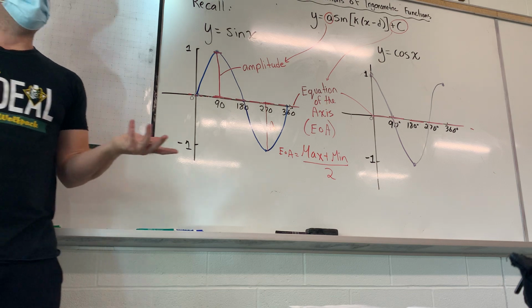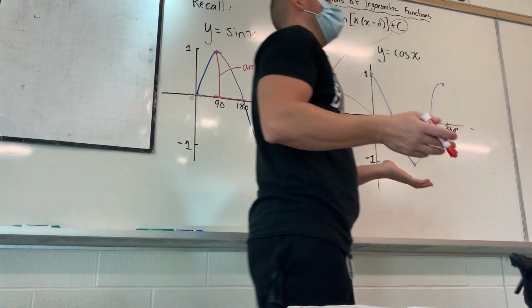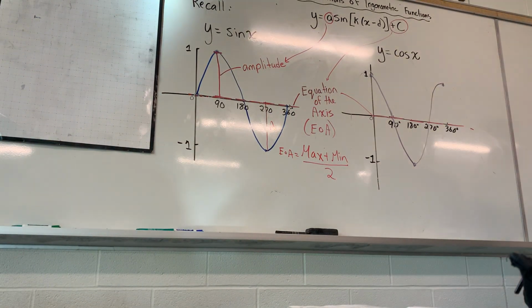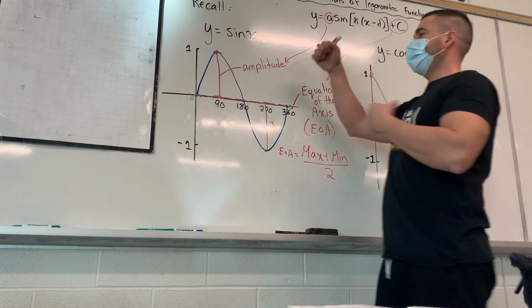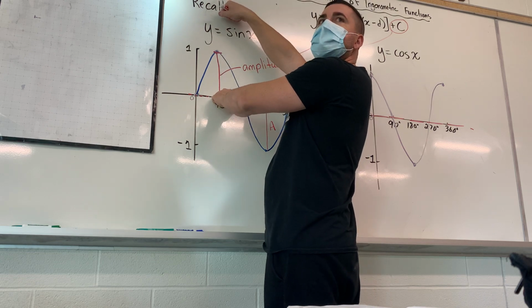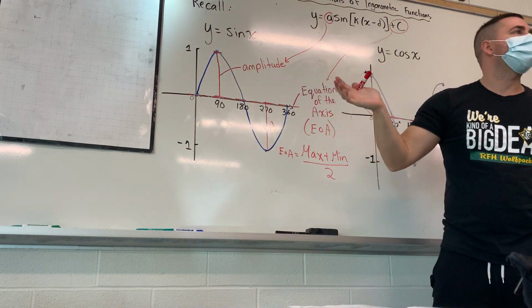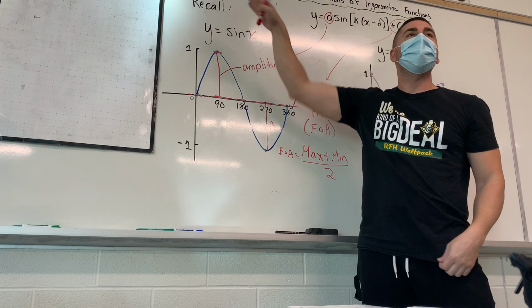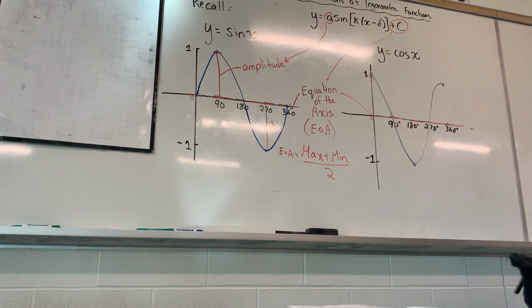What would the A value be in, say, a quadratic? What does it tell you about the graph? Vertical stretch or compression, right? So it's the same thing, it's still your vertical stretch or compression. So if this was a 2, this gets stretched up to 2, right? We just call it amplitude in this case. So if it was a 2, this would go up to 2. That's a vertical stretch, okay? So same thing, but we can just measure it using amplitude.